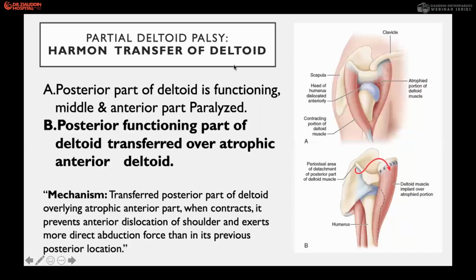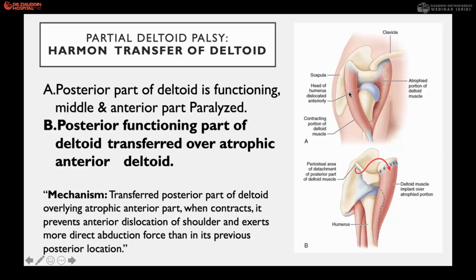When there is a small or partial paralysis of the deltoid, the posterior deltoid transfer is commonly used. The posterior part of the deltoid is functioning, but there is a weakness of the middle and anterior part of the deltoid, which is paralyzed. The substituting part is the posterior functioning part of the deltoid, which is transferred over the atrophic deltoid head like this.